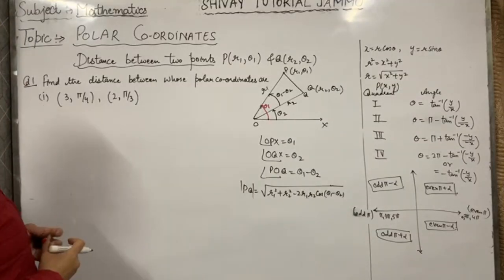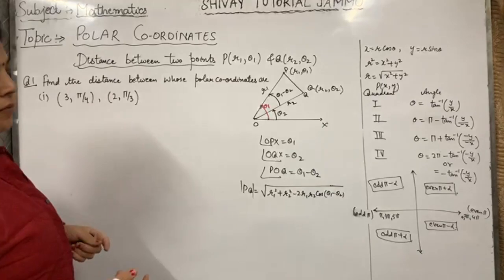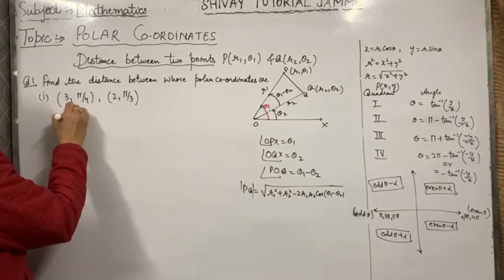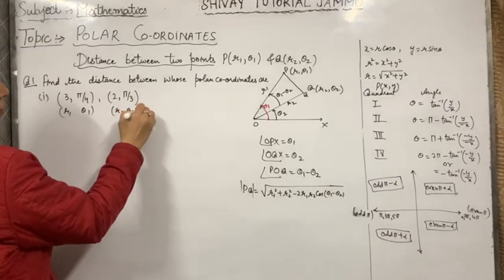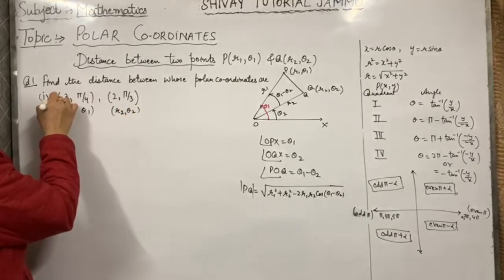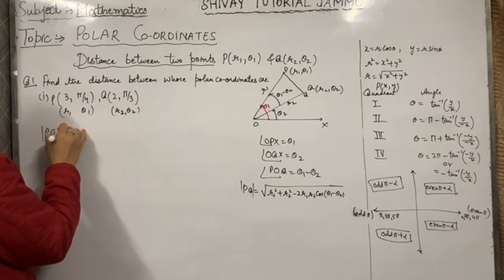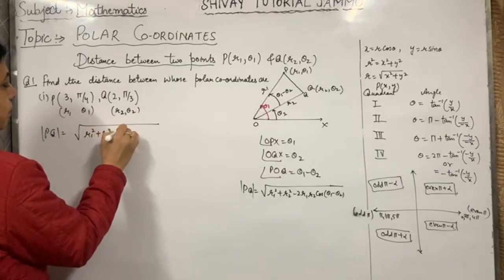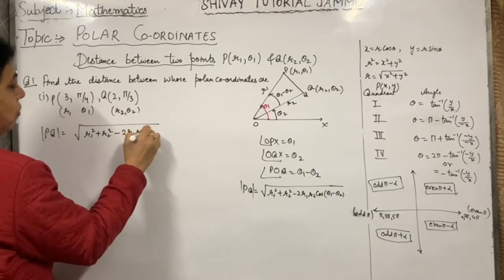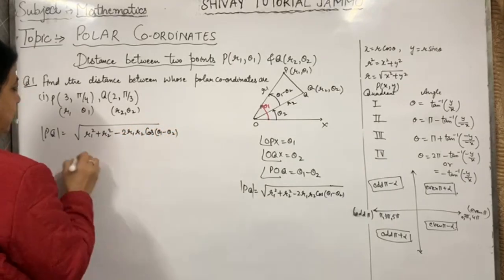Okay, first question is find the distance between the points whose polar coordinates are given to us. This is r1 theta 1 and this is r2 theta 2. And formula for distance between 2 points is root of r1 square plus r2 square minus 2 r1 r2 cos (theta 1 minus theta 2).